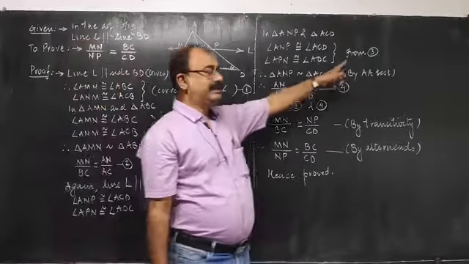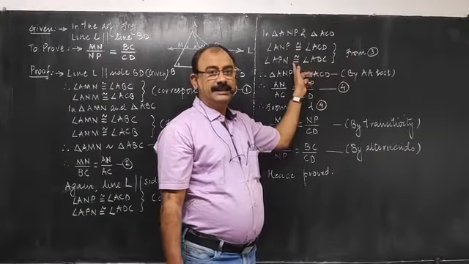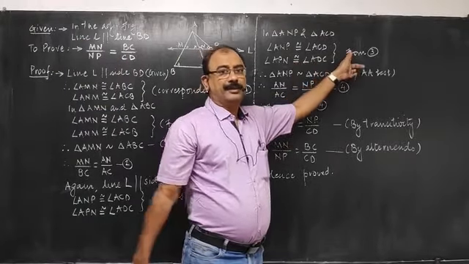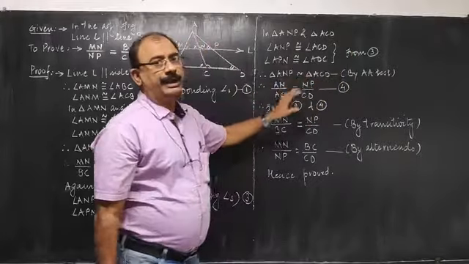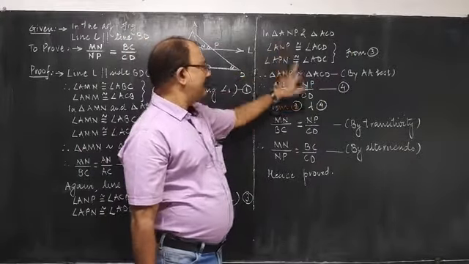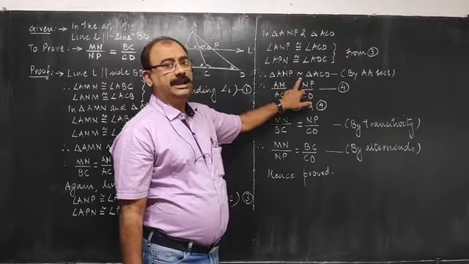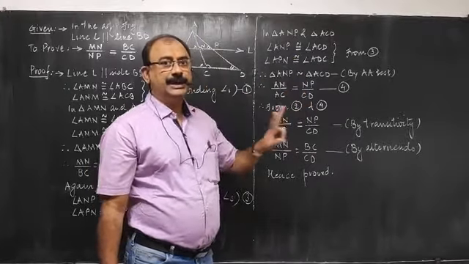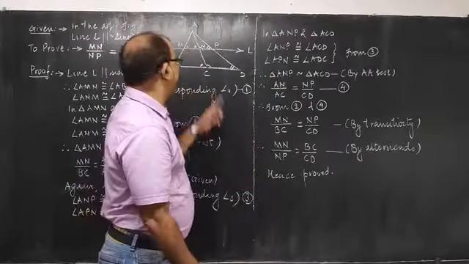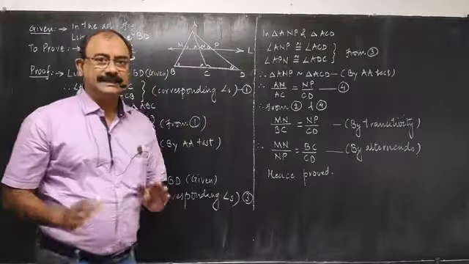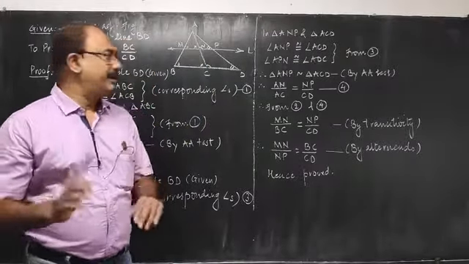Therefore, I have given the reason: from statement 3. And therefore, again, these two triangles will be similar by AA test, because two pairs of angles are congruent.